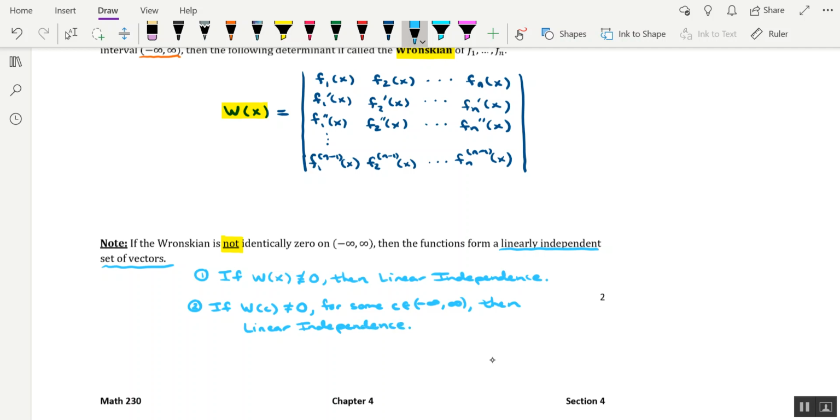So let's say that the Wronskian doesn't turn out to be identically equal to 0, but rather it's some function. If we can find a value of x that once plugged in gives us something that's non-zero, then we know right away that the set of functions forms a linearly independent set of vectors.